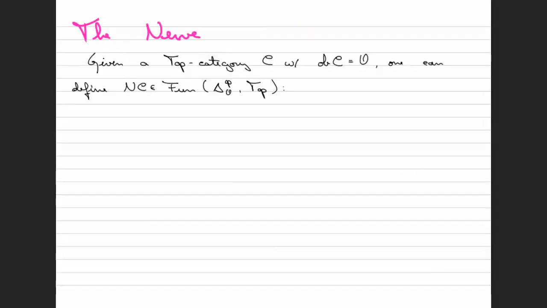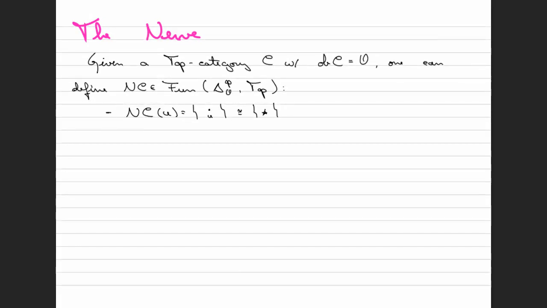Okay. An example so that you can now think of what lines and triangles are. We start with a topological category C, the sort of object that I defined in the beginning. The object set of this category is O. And I'm going to start defining one such functor that's called NC.